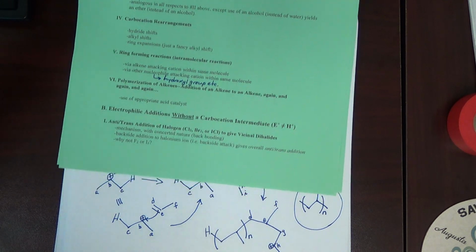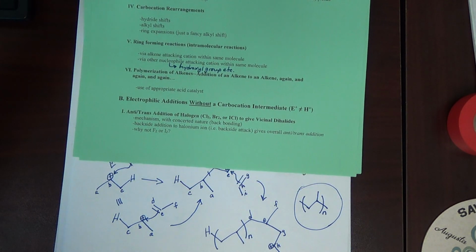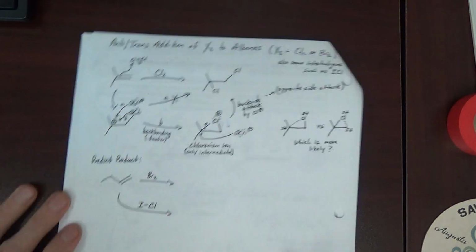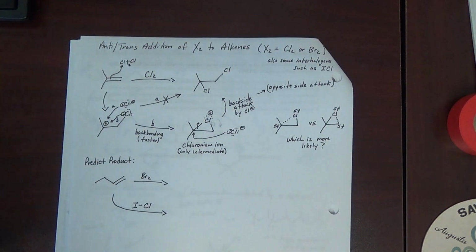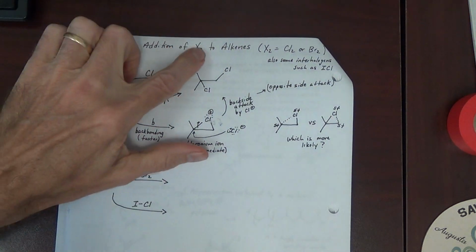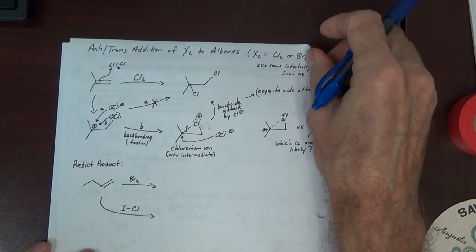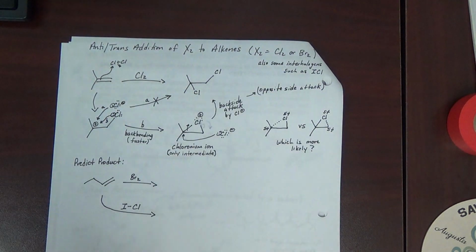Okay, so we'll begin that on our next video, and we will pick up with the addition of halogen, actually elemental halogen, to alkenes, and this will be either chlorine or bromine.